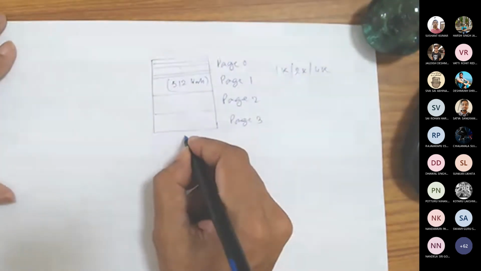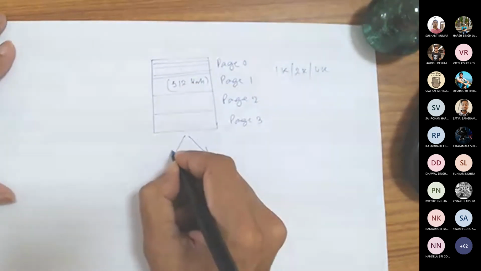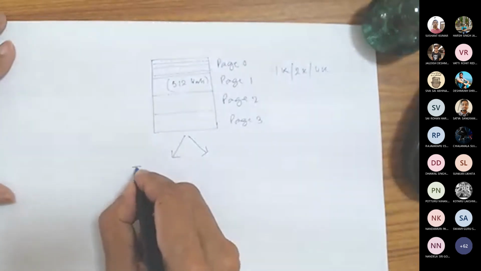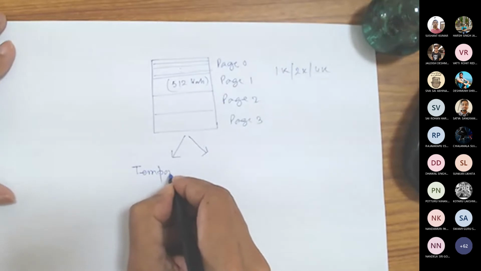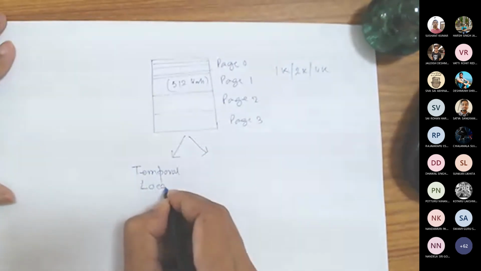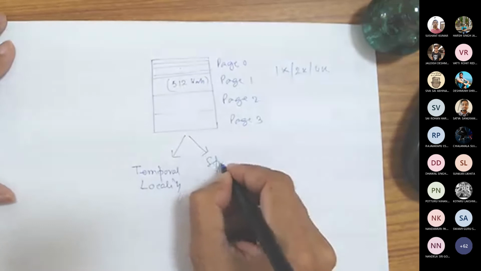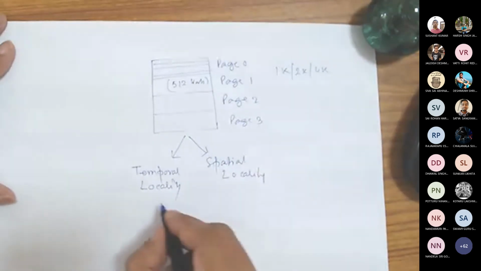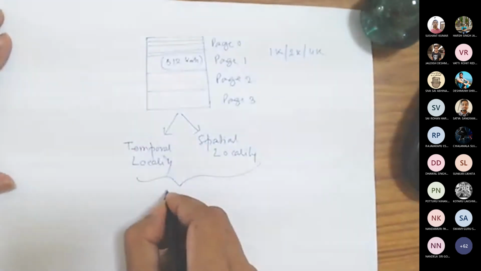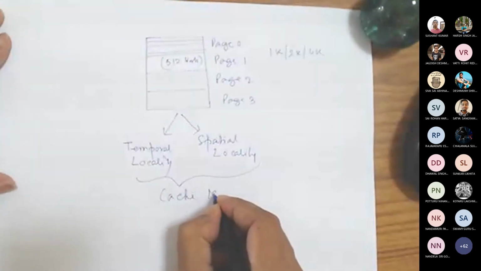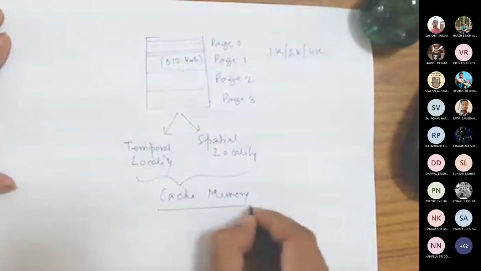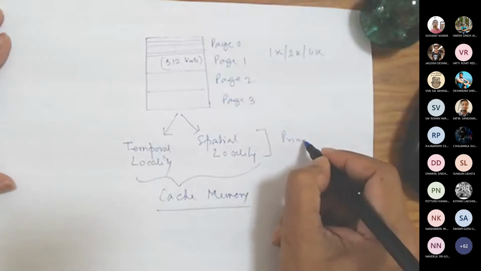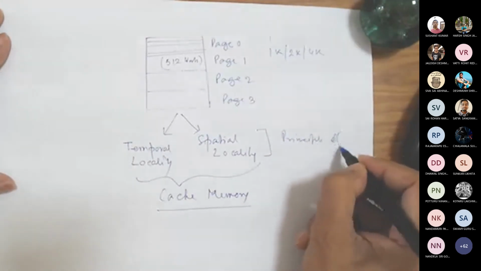So two concepts will be introduced in your operating system here. One is temporal locality and spatial locality, which are the building blocks for going into cache memory. And they are based on principles of locality.